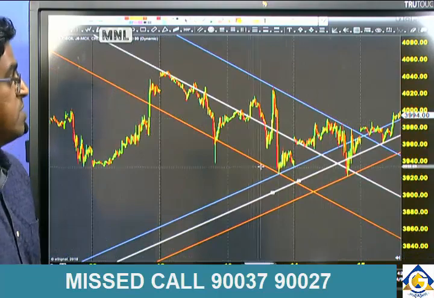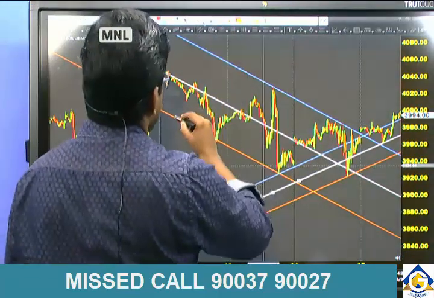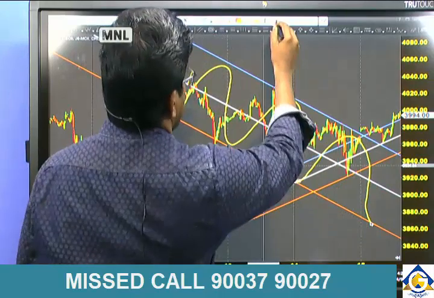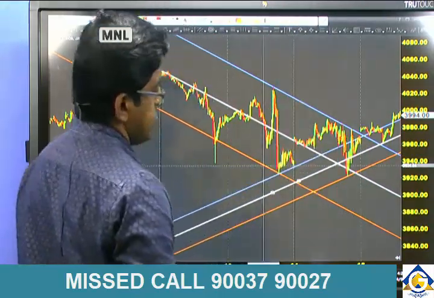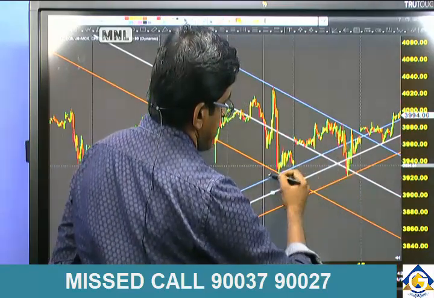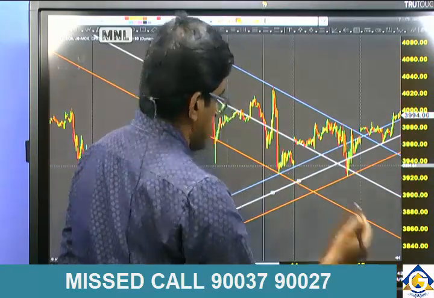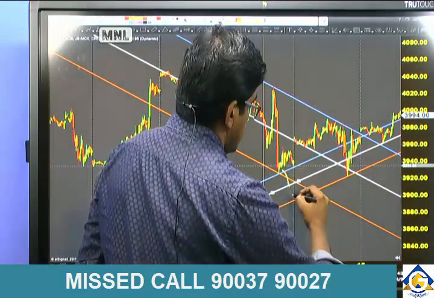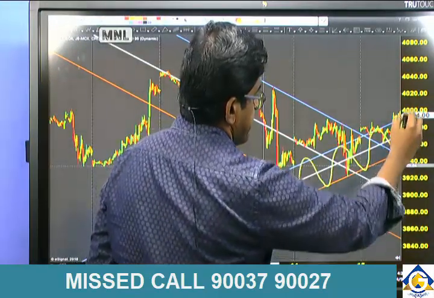One is the overall trend, and the other is where we use our creativity to identify the trend just by drawing a cross section within the price itself.